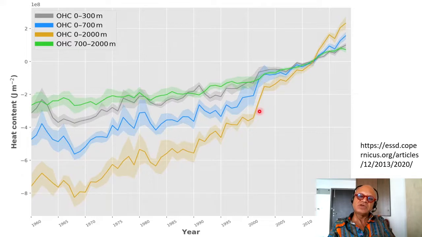The deeper ocean takes time for the heat to penetrate that far down, so it's warmed more slowly, but more recently they're all going together in terms of the heat content change in, let's say, joules per meter squared per year.